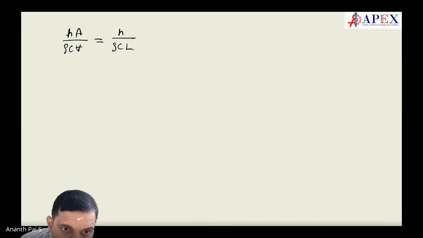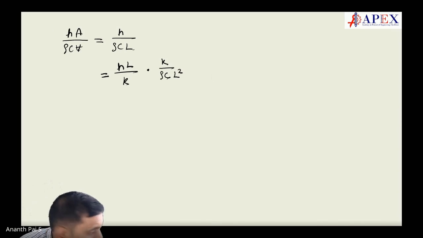And this, I will say, is equal to hL by k, which is Biot number, into, I have added a k, I have added an L here, right? So I will write here, in this case, k by rho C, and L I have added here, so we have to write L square.